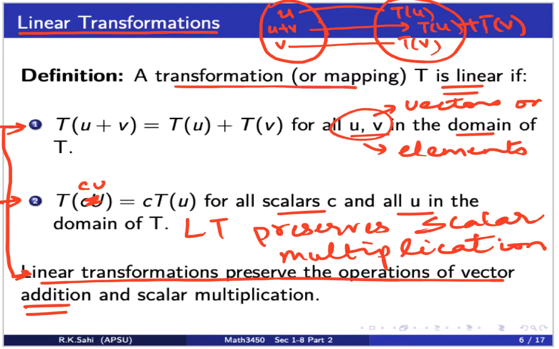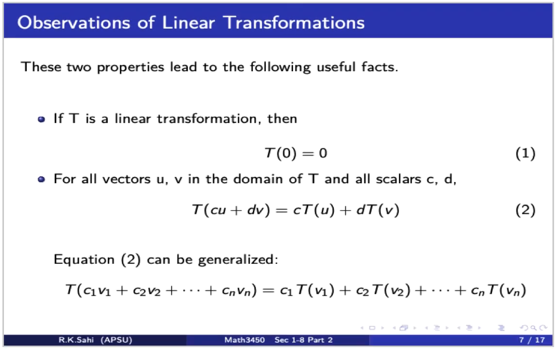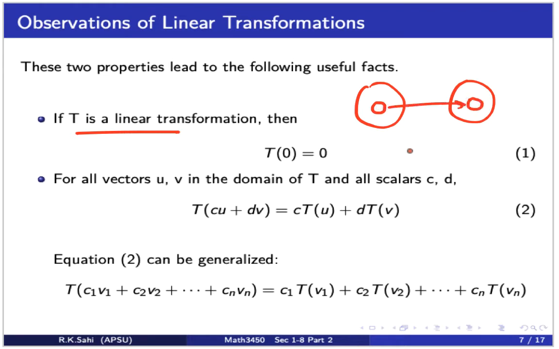Okay, a very, very important fact which is related to linear transformations is that if T is a linear transformation, so that means I have a mapping from one set to another set, then it will map the zero element of this set to the zero element of the other set.